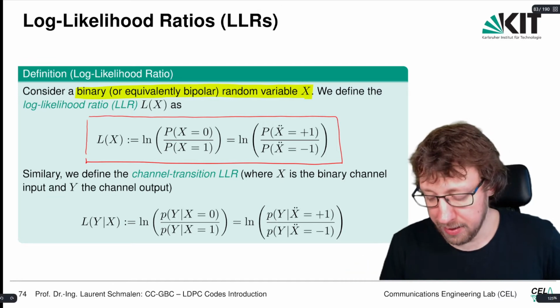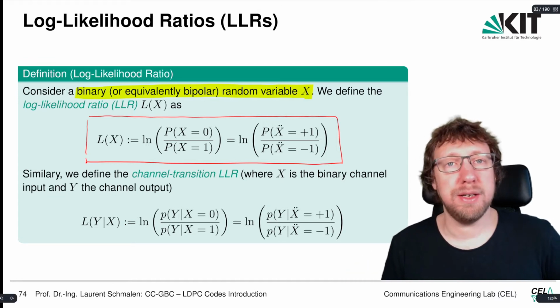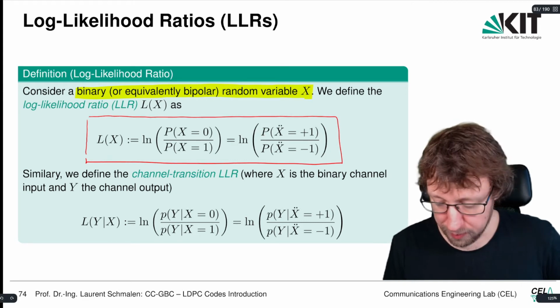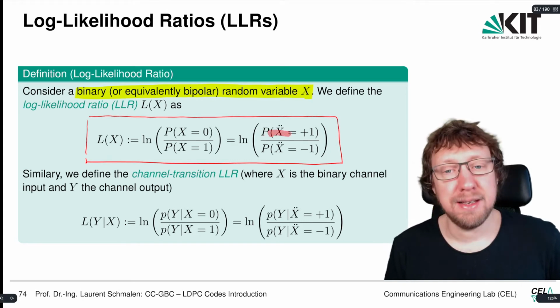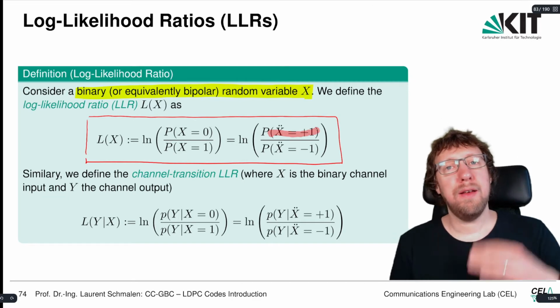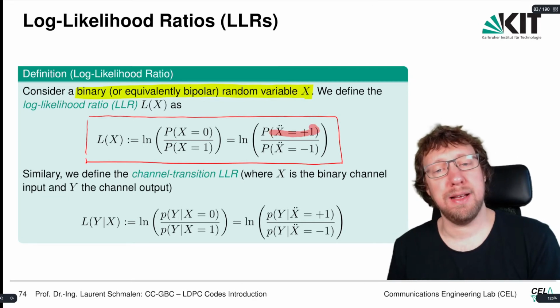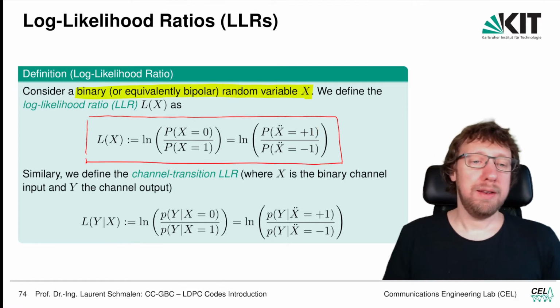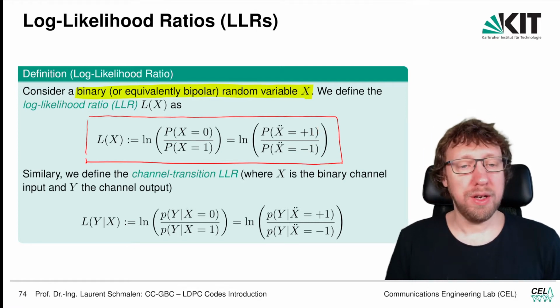And equivalently, for the bipolar bit representation, this is the same as the natural logarithm of the probability that x double dot is equal to +1 divided by the probability that x double dot is equal to -1. That's the log likelihood ratio.